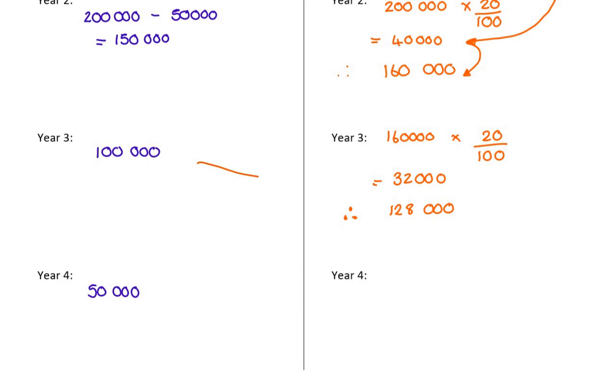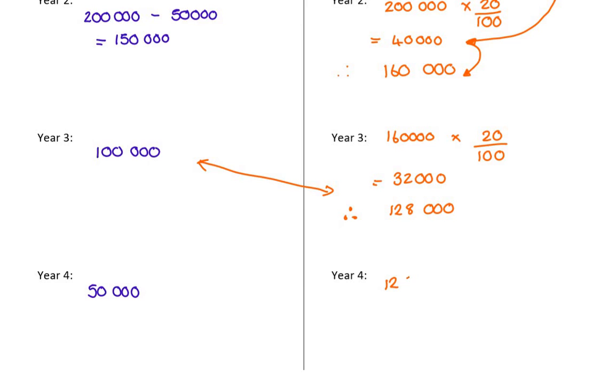Now, if you can just look at the difference in the book value of the vans at the moment, when I'm using this compound depreciation, because the book value of my van is less and less each year, you'll notice my depreciation is becoming less and less each year.